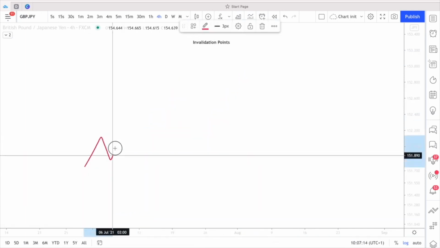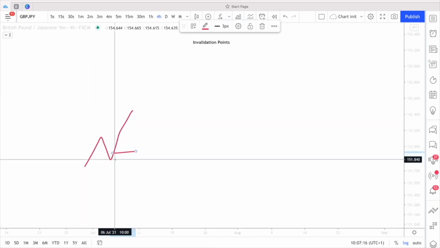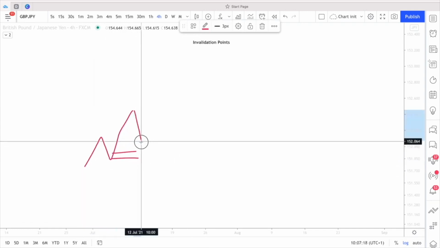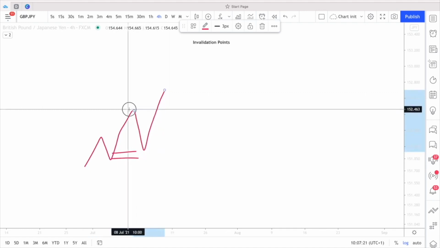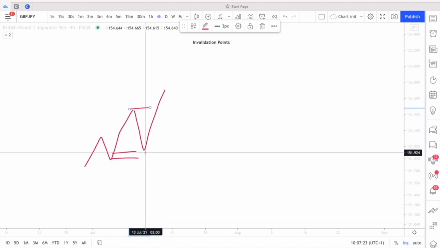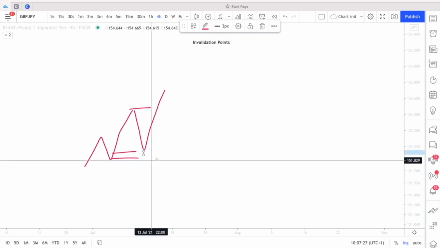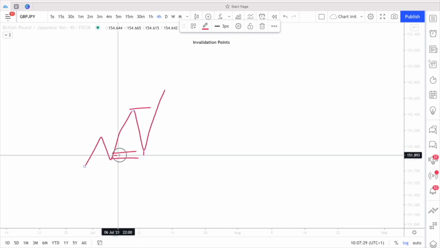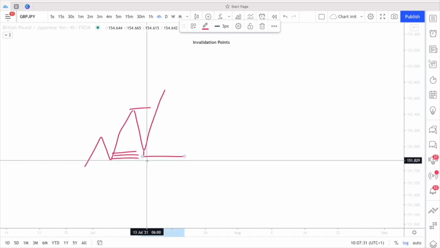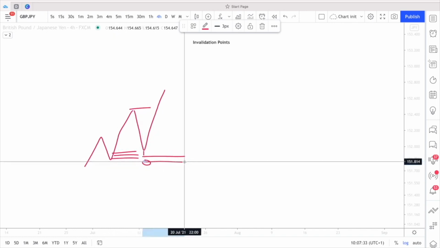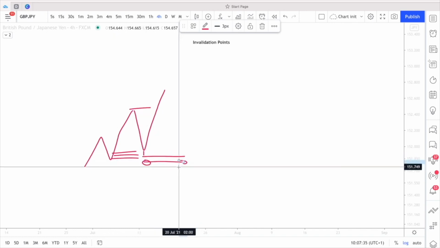So we have the OB that's here, that's been mitigated, and then you broke structure again. The invalidation point now lies below this mitigation. Say this candle wick mitigated this OB, invalidation now lies below here. That's our invalidation point.